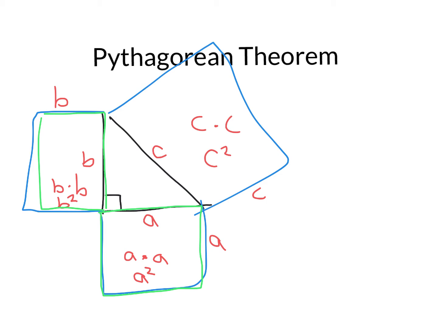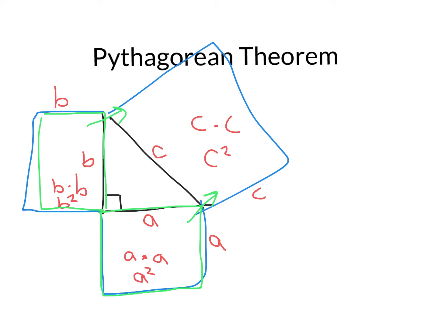And when this apparatus here is spun, is turned, you see that all of the water drains out of this A squared and B squared square and fills into the C squared square. And it fills it perfectly to the top without any room left over.